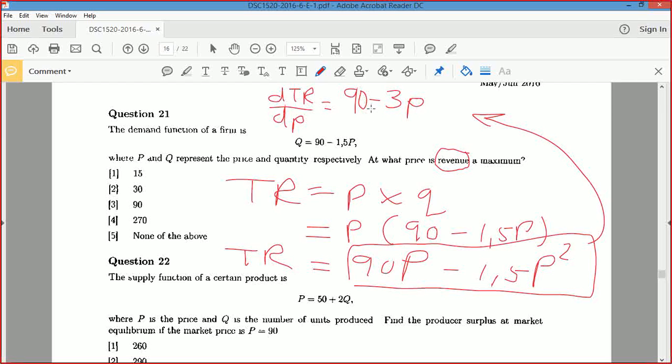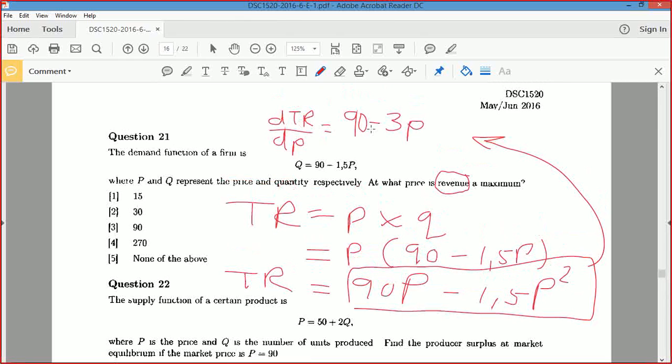Left out a 0. 90 minus 3p, yeah? Okay. Then what? At what price is revenue at maximum? Derivative equals 0. So 0 equals 90 minus 3p. 3p equals 90. What is p equal to? 30. Yes, there's the answer. Oh, nice.